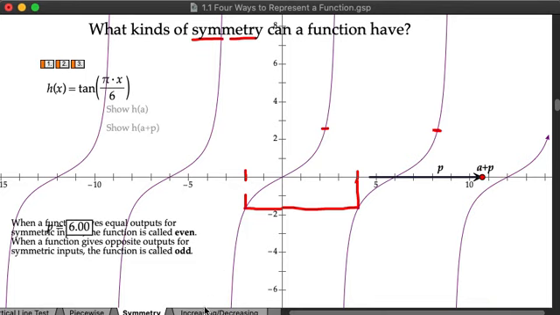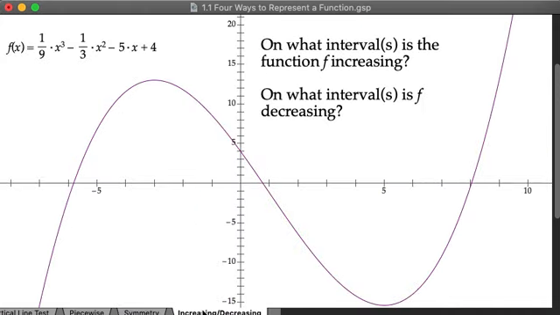Okay, finally, we need to talk about what increasing and decreasing means. There are some very technical definitions of what increasing means and what decreasing means.